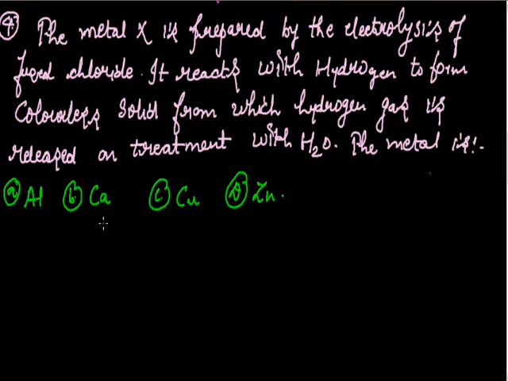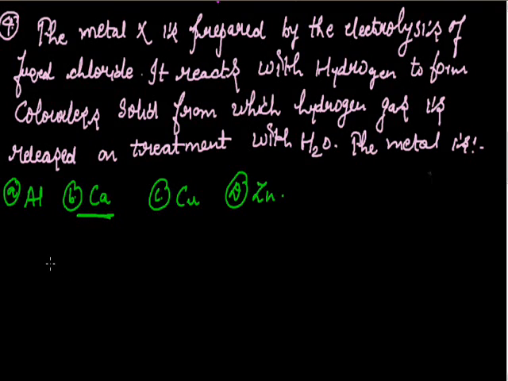Those are the metals present at the top of the reactivity series, especially those belonging to the first, second and third groups of the periodic table. So there will be a choice between option A and option B. But the question is about fused metal chloride, so more appropriately it will be calcium.